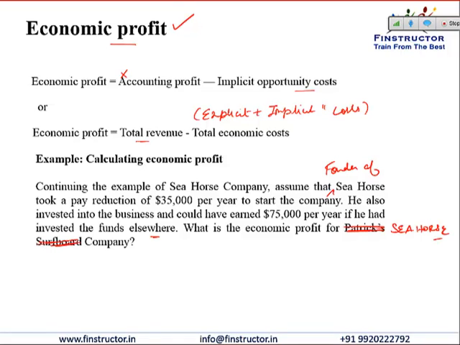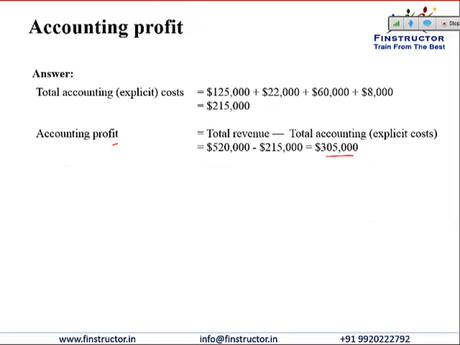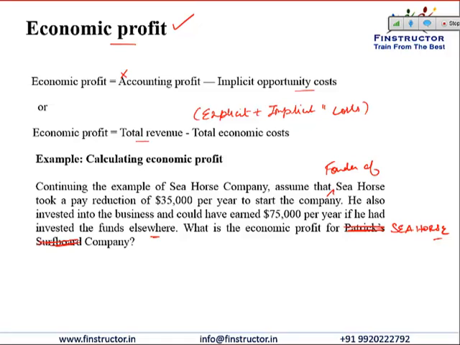We calculated the accounting profit in the previous question. The total revenue was 520. The total costs were 215, and the accounting profit was $305,000.